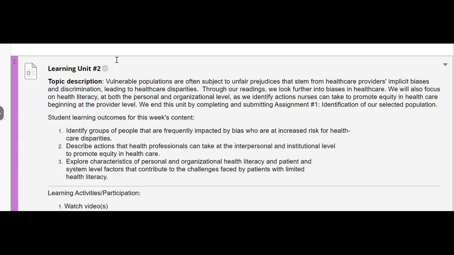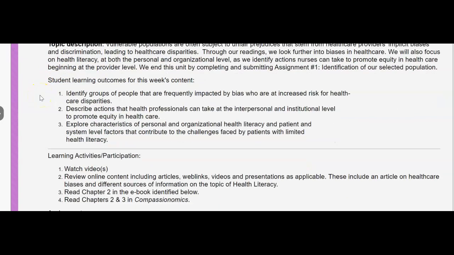And we're going to end this unit by completing and submitting assignment number 1, which is the identification of our selected population. So the learning outcomes are to identify groups of people that are frequently impacted by biases and who therefore are at increased risk for healthcare disparities.